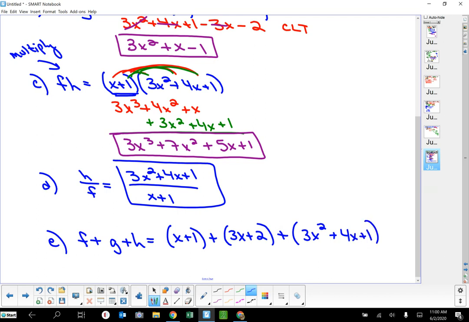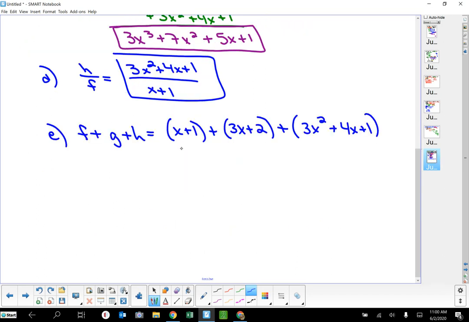Add them all together, combine like terms. Actually, I need it later, so I might as well do that. We get 3x squared, 4x, 7x, 8x, and then 1, 2, 3, 4. Okay, so that's in there.